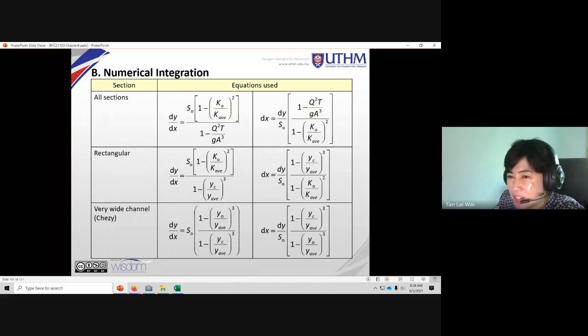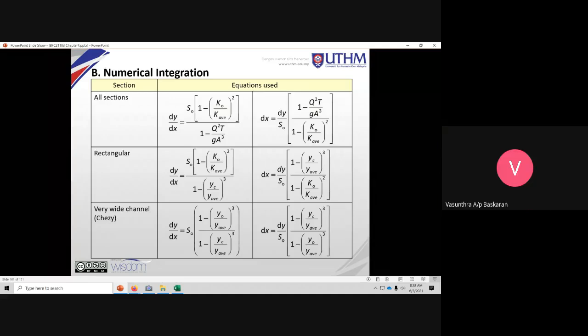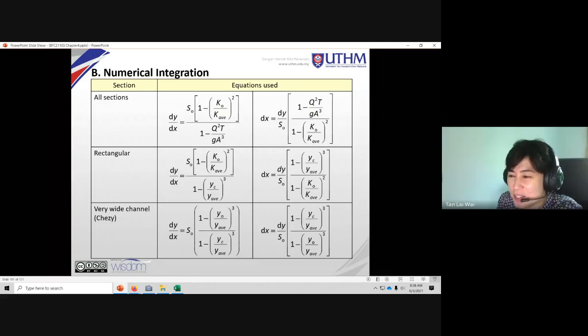By definition, conveyance is the carrying capacity over longitudinal slope, right? So what is the formula then? Carrying capacity over longitudinal slope.